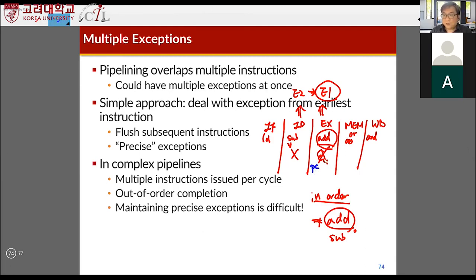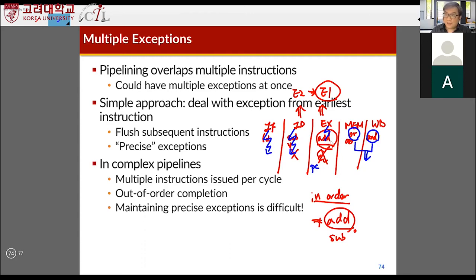The PC of this add instruction is stored, and then the OR and AND instructions are completed in the processor, and then the sub and load instructions are cancelled.